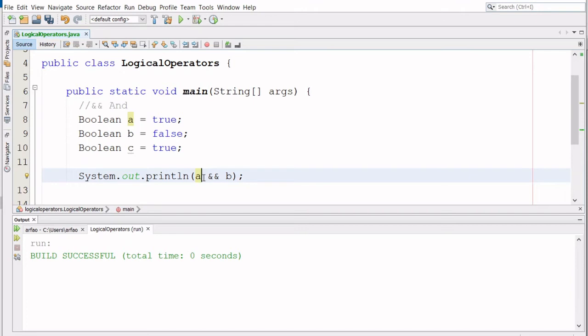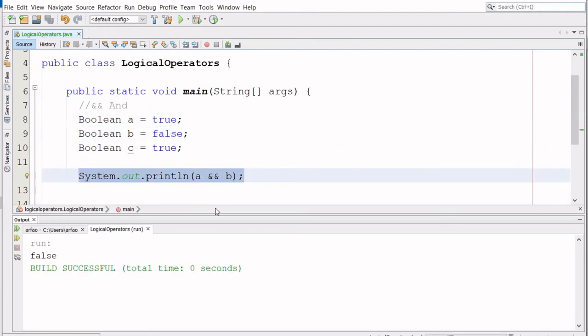So in this example, A is equal to true, but B is equal to false. So the outcome here, like you guessed it, should be false. So let's find out if it's going to print false.